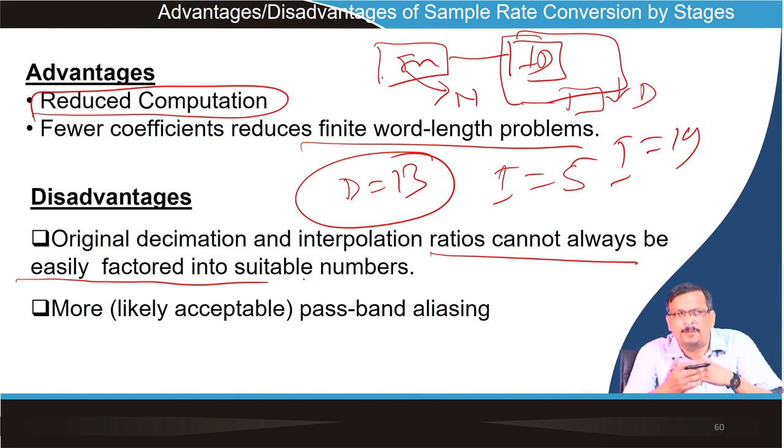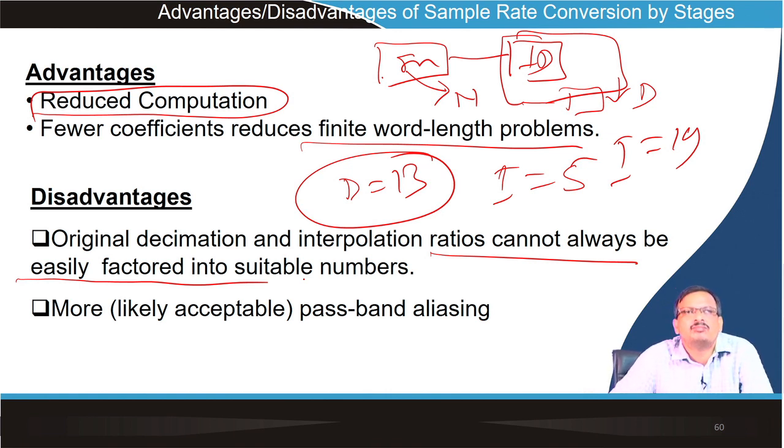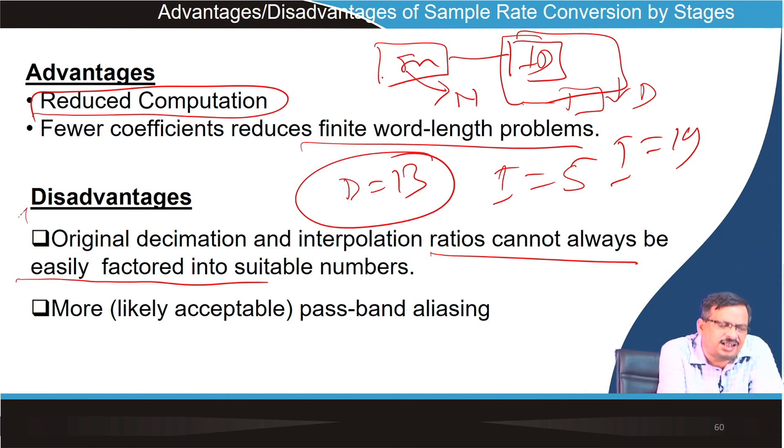The other problem is passband aliasing, because with multi-stage there will be multiple anti-aliasing filters, and every time there will be an aliasing effect. That is the disadvantage part, but the advantage is maximum.